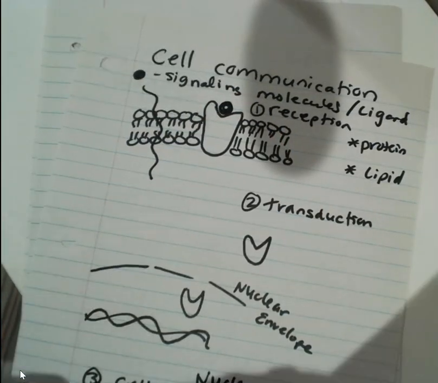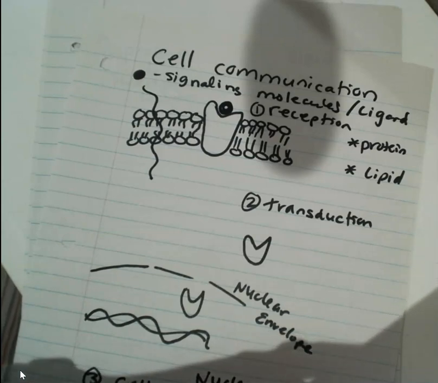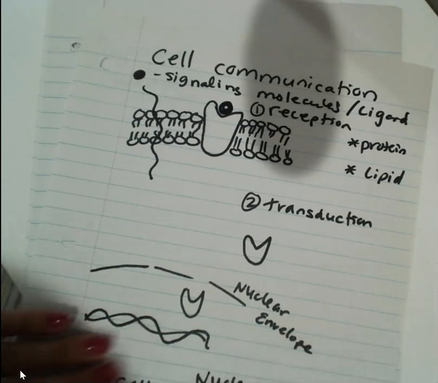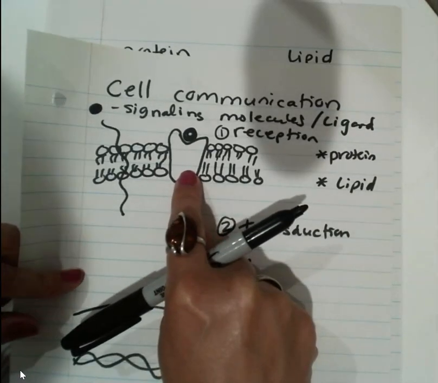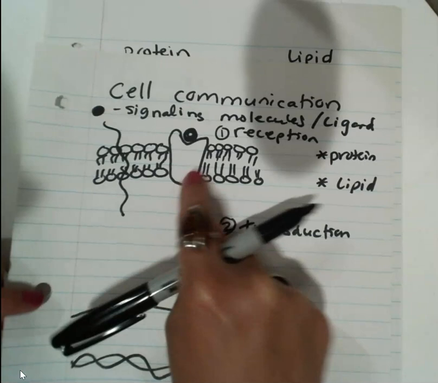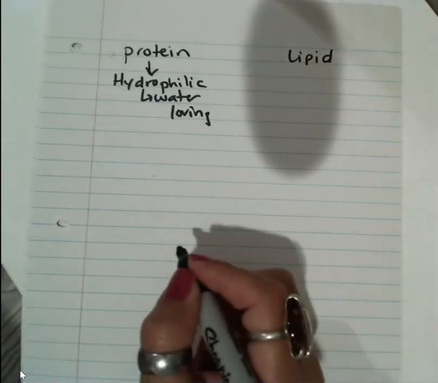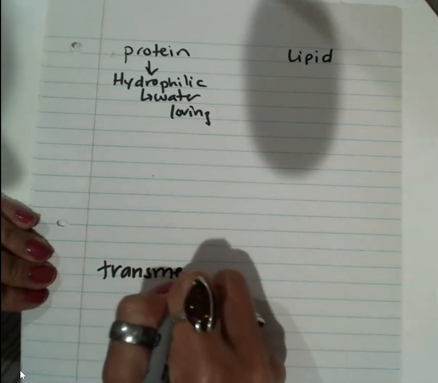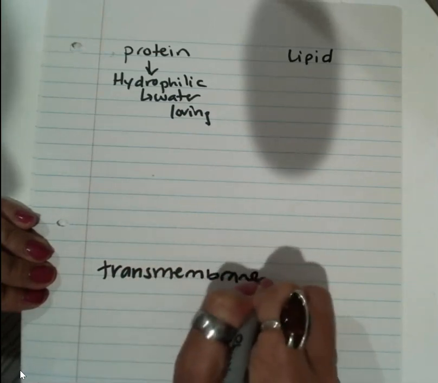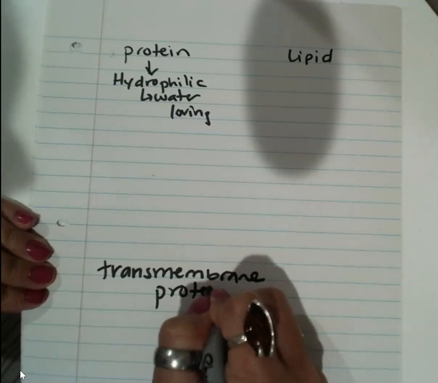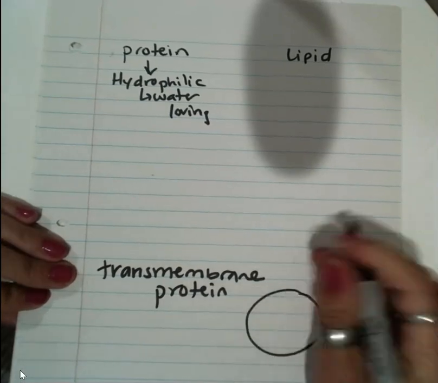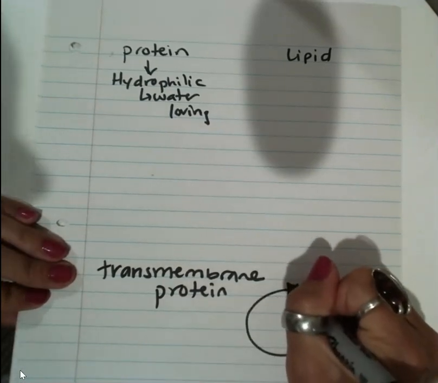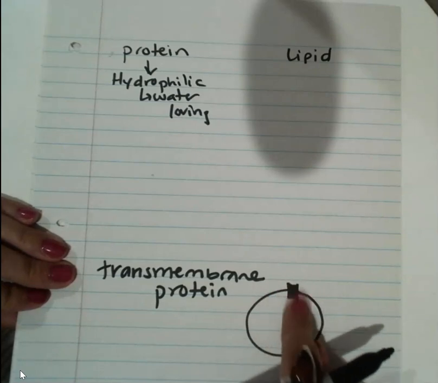So, this protein receptor is a transmembrane protein. When you see the words transmembrane protein, let me write this down somewhere else. If this is the cell membrane, that is representing a protein that spans the membrane.